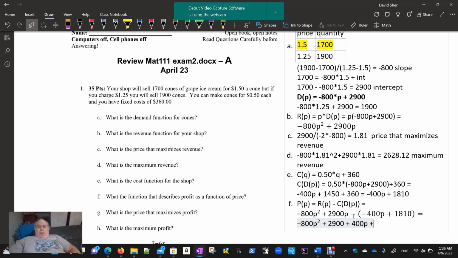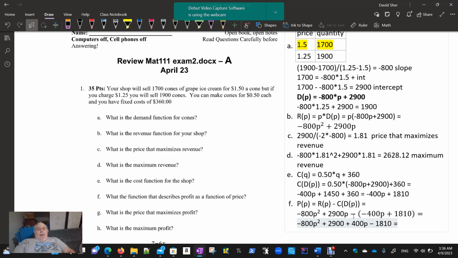Not a plus, minus. Where's my minus sign? Minus 1810.